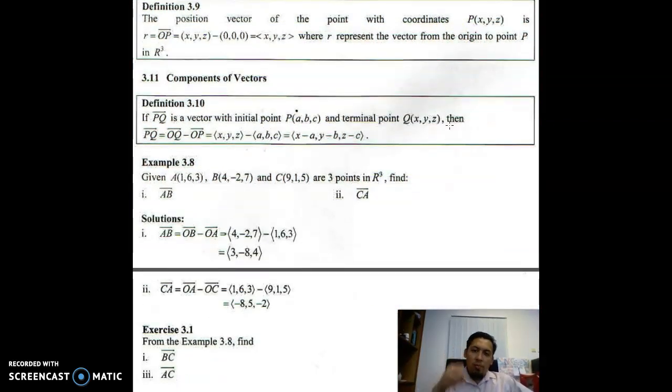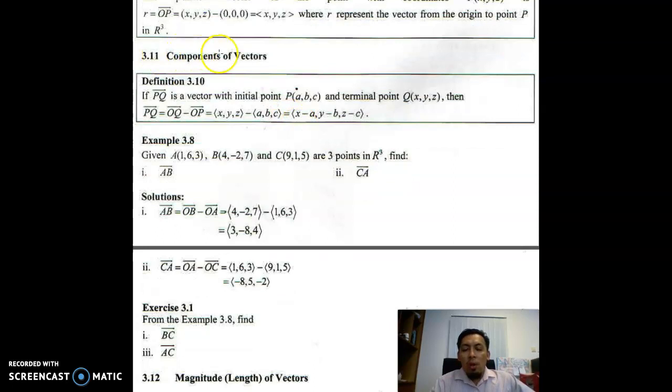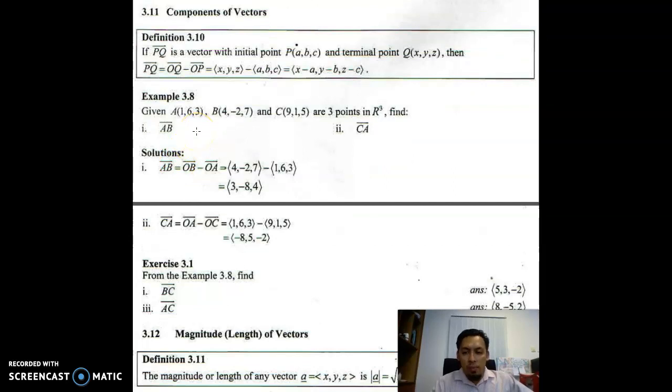Now, components of vectors. If PQ is a vector with initial point P and terminal point Q, okay, so how to determine the component of a vector? If you follow this definition, right, let's try to do the example. You will need to subtract.